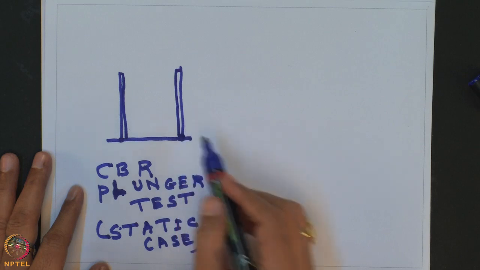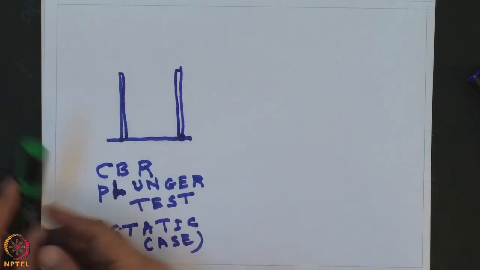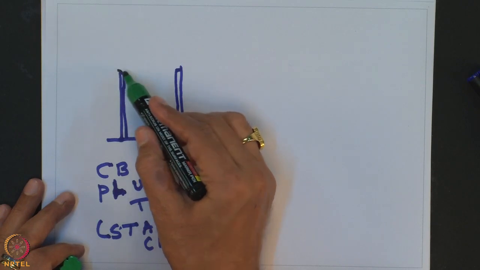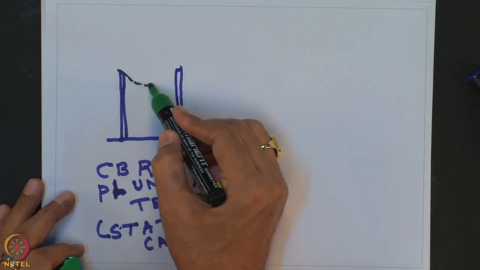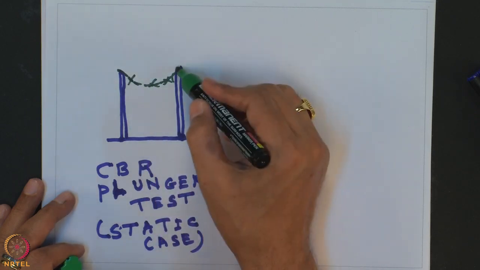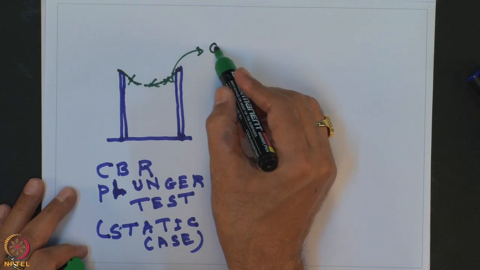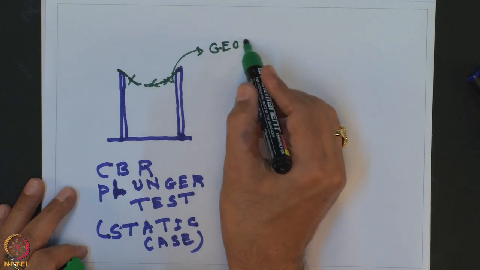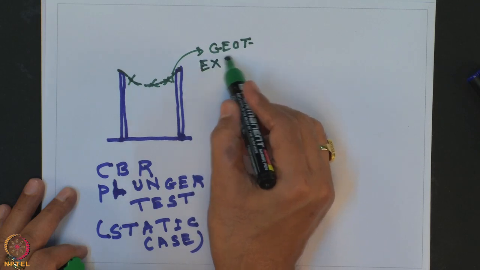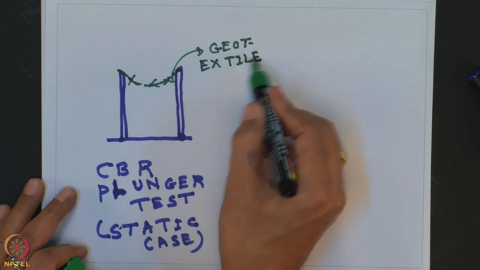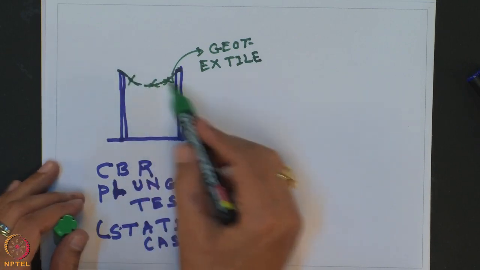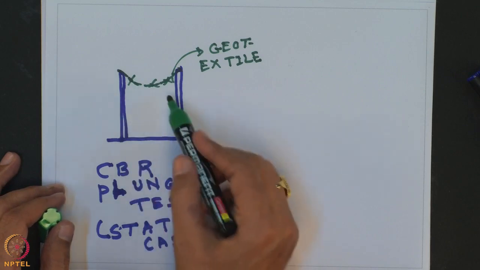Here is the CBR plunger, and the geotextile material is clamped here in a CBR mold.